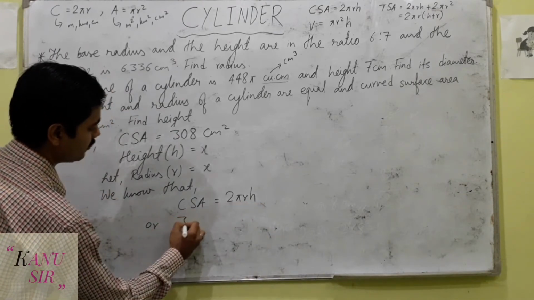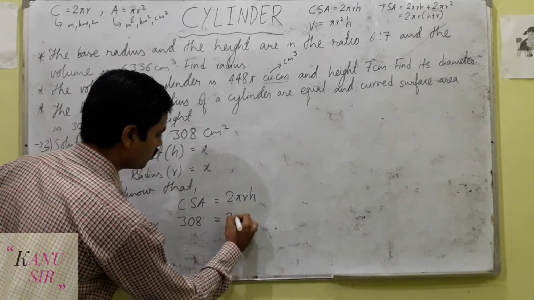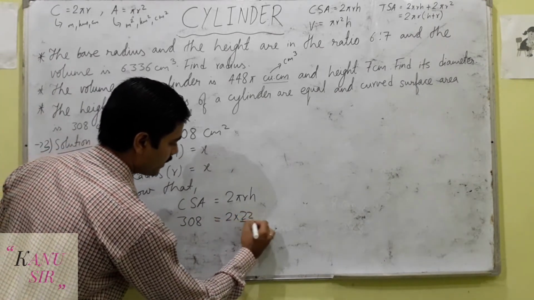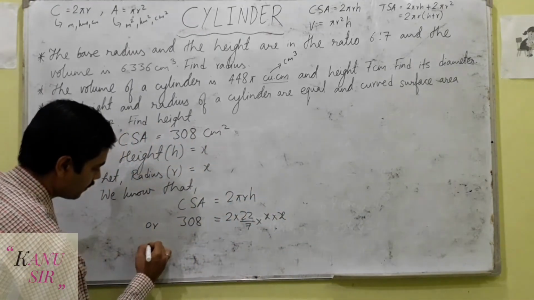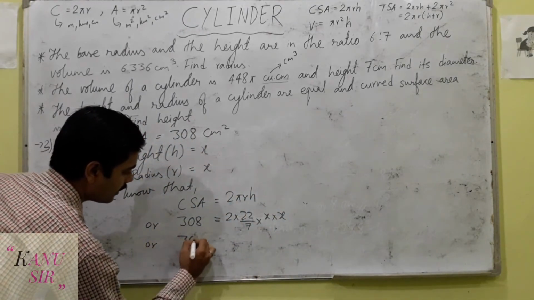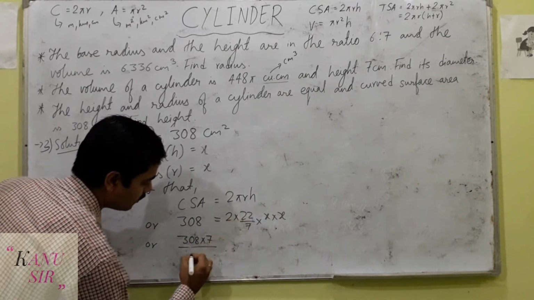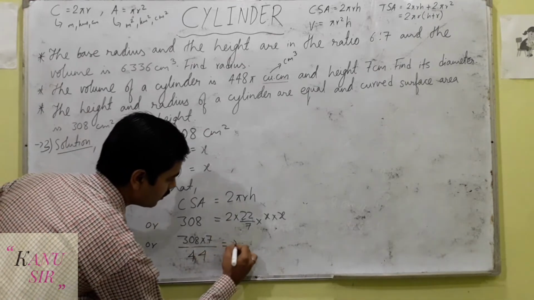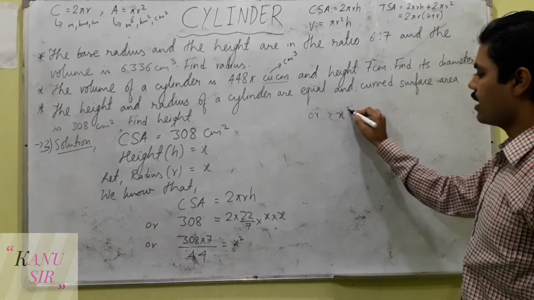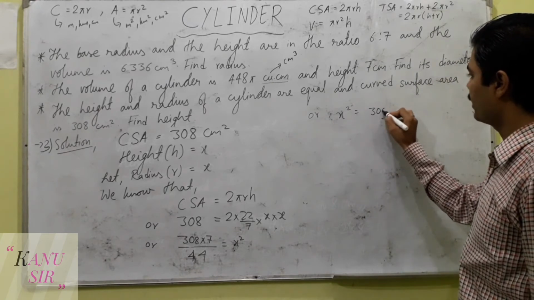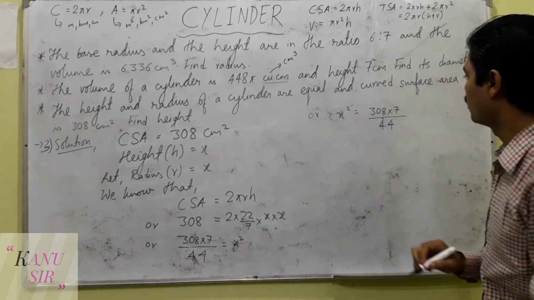The CSA is 308, equal to the formula 2 pi, which is 22 by 7, r is also x, h is also x. So 308 multiplied by 7 divided by 2 times 22, which is 44, is equal to x square, or x square is equal to 308 into 7 divided by 44.